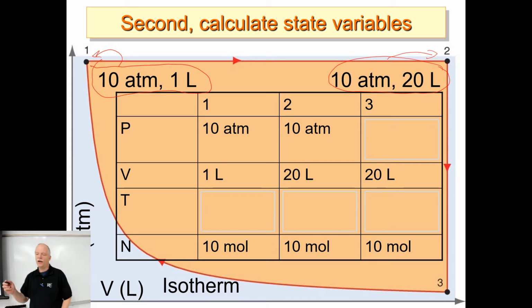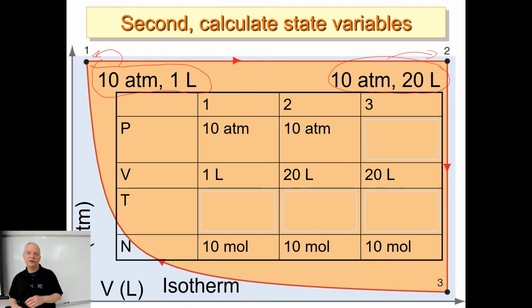At this point we can write down quite a few state variables, but we don't have everything. So this is like a game of Sudoku, only better. You've got an incomplete table, and you've just got to figure it out. This is part of the cycle problems: figuring out your state variables.